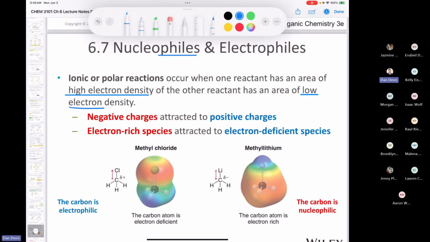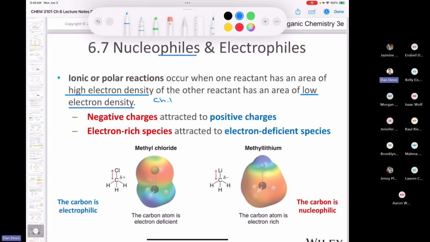This is a good time to show you how important it is that you understand things like chapter 1 very well, because in that chapter, the review of general chemistry, we went over polar and nonpolar bonds in detail. Based on the idea that you understand bond polarity, you can look at a molecule and look for a region of high electron density or a region of low electron density.